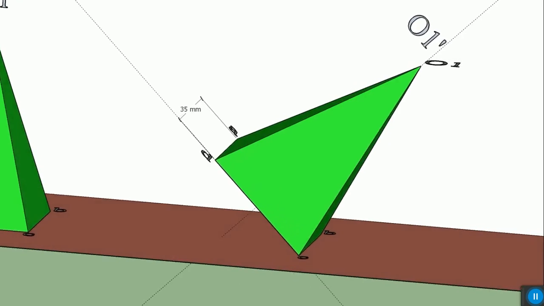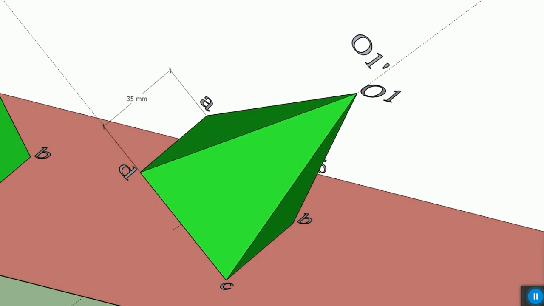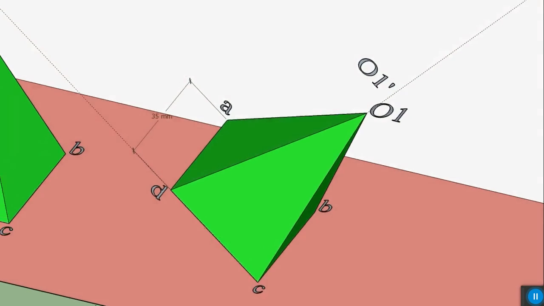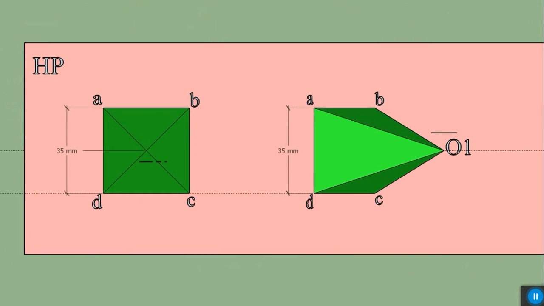Also, we can see that the square pyramid is tilted in such a way that it is resting on one of its base edges, that is base edge BC. In the top view, we can observe that the base of square pyramid, that is ABCD, is invisible.